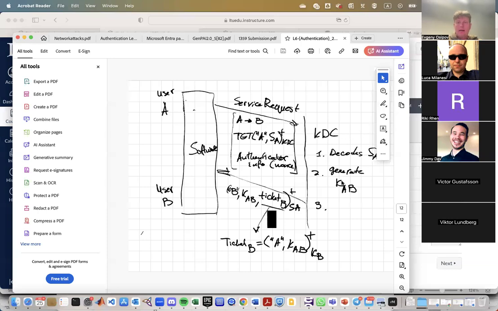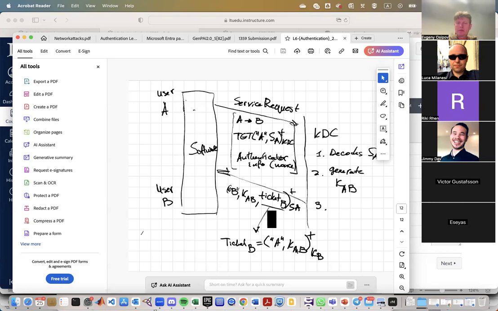So what happens at KDC is that it takes this request message, decodes the session key to A because it needs it to encrypt the communication, and creates a ticket to B, which says: user A wants to communicate to you.